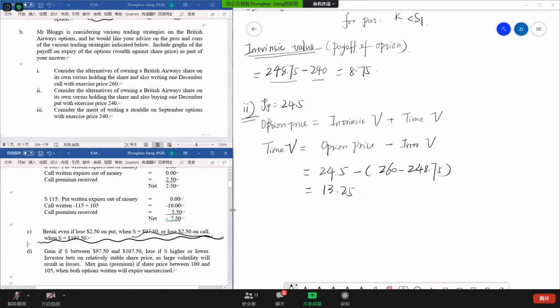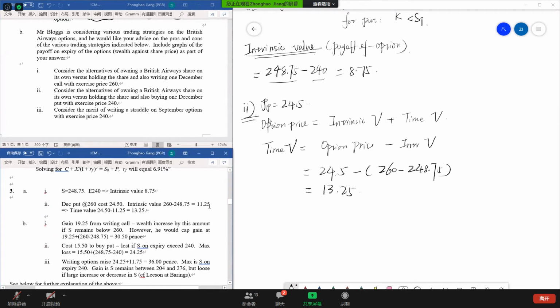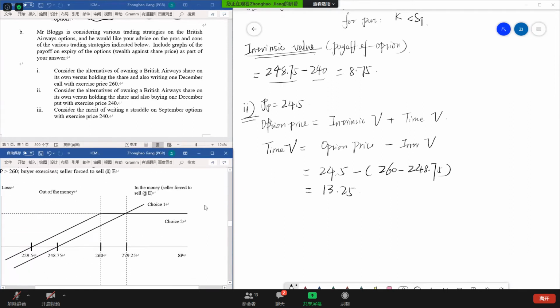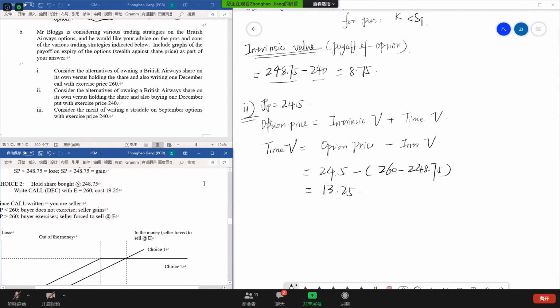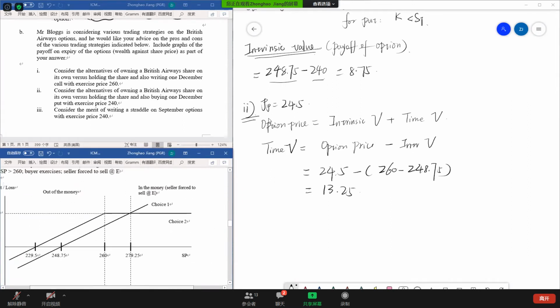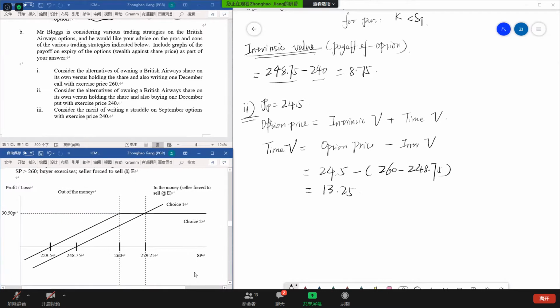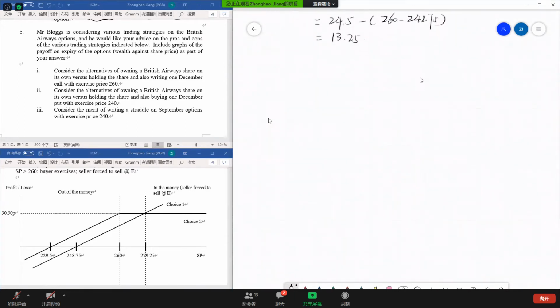and for question B, some students don't know how to draw the graph. Similar to the last question, we first write the payoff function.